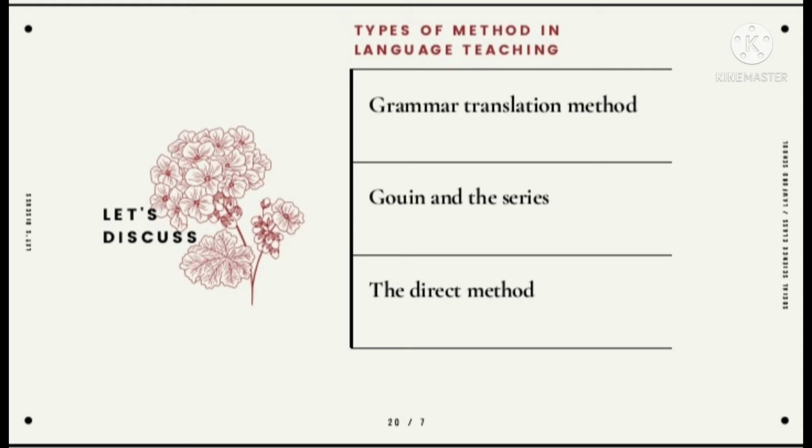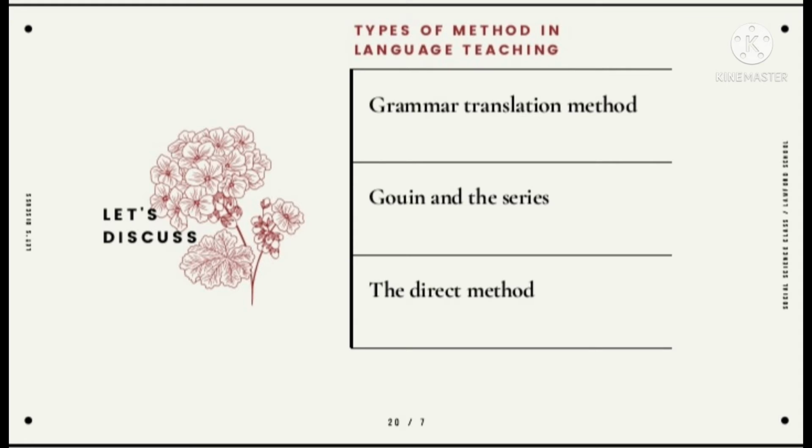Actually, this method was inspired by his nephew. Very interesting, right? He observed children's language acquisition and concluded that language learning is primarily a matter of transforming perception into conception, and children learn this way. So the core of this method is learning language like children.